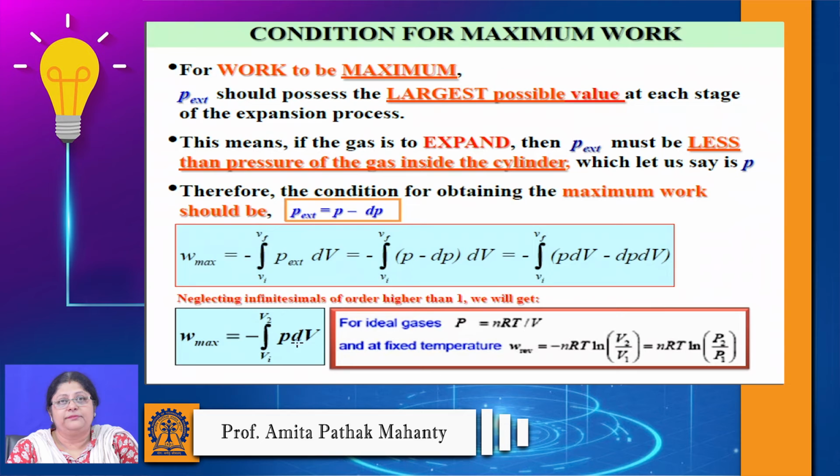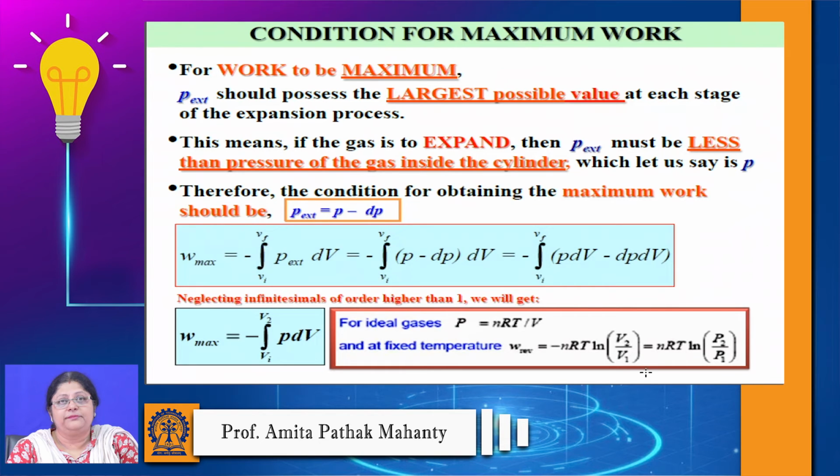We get minus nRT, dV by V, integrated from initial V to final V. So what will you get in that? You will get the logarithm of V2 by V1 into minus nRT.